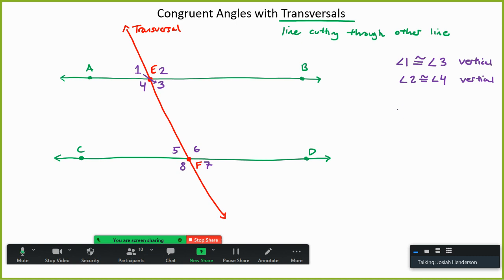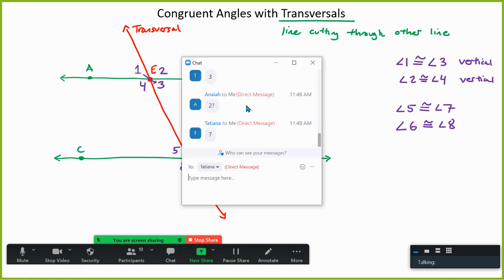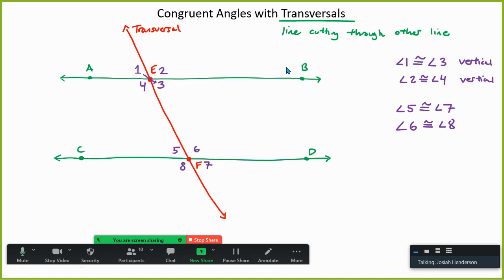Let's try the ones below. How about angle 5? Angle 5 is congruent to angle 7 in this picture. And angle 8 is congruent to angle 6. Nice, Tatiana. Thank you. Good. You're right on point. Angle 5 congruent to angle 7.